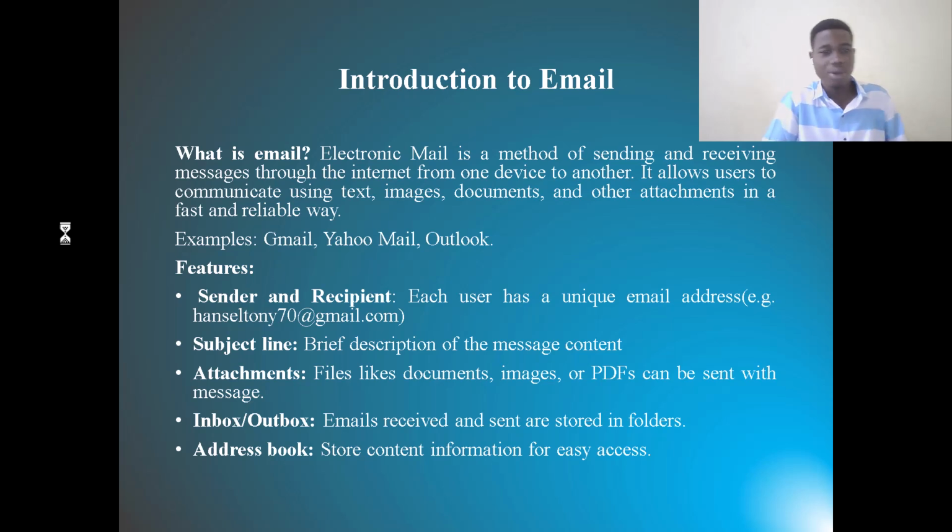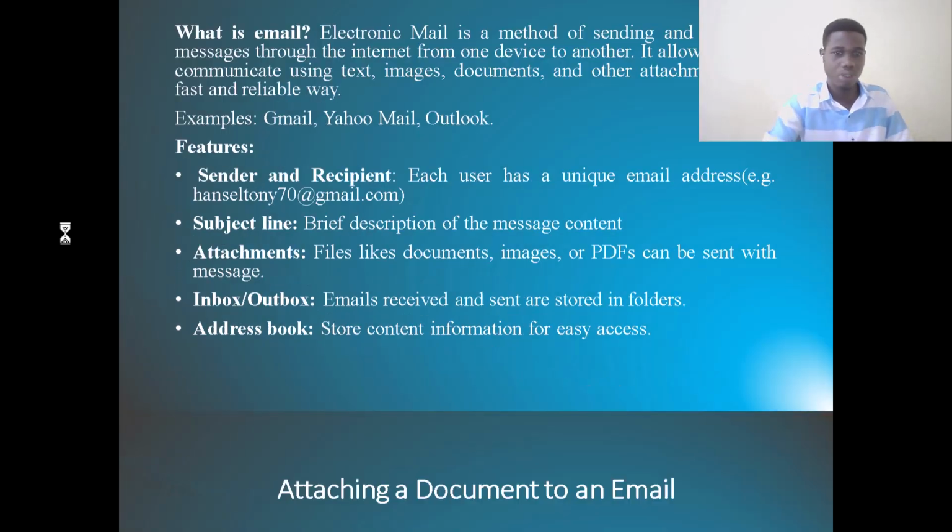And then again, we have the address book. The address book stores the contact information for easy access. So if you want to access contact information easily, then you are going to use the address book.